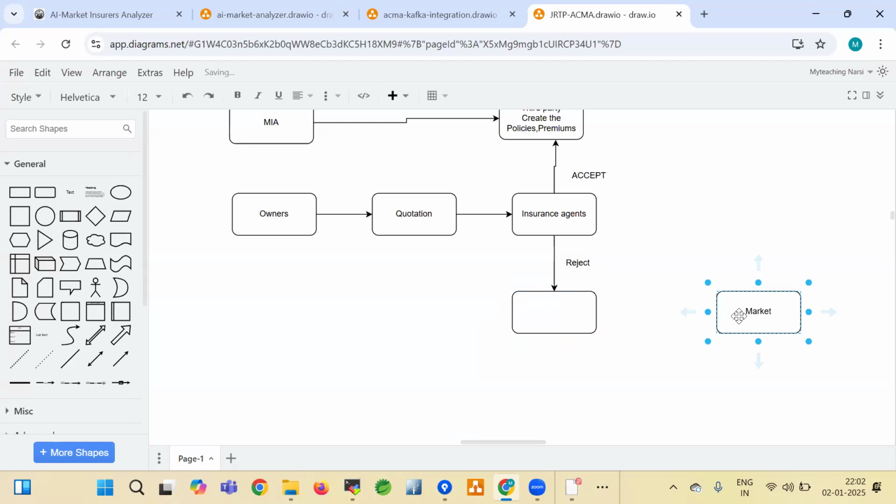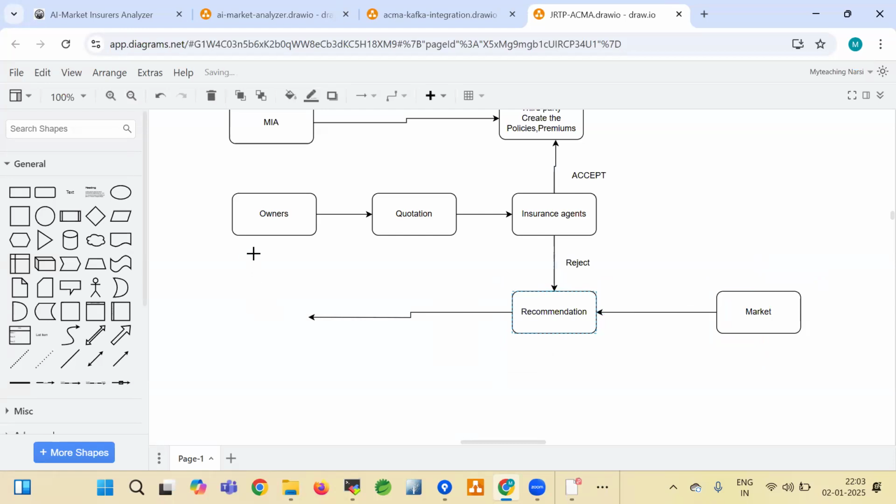In the open market, for your quotation, these may be the companies which are offering. Or if you change your quotation, not 10 million, probably 1 million, then these are the insurance companies which can provide the insurance coverage for you. However, right now I am rejecting, and the reason is this. And this will now be sent as a recommendation to the property owner.